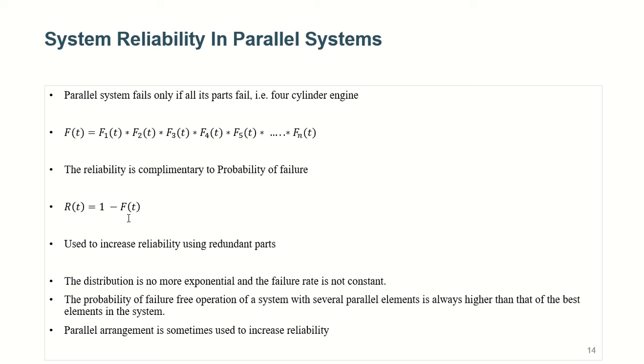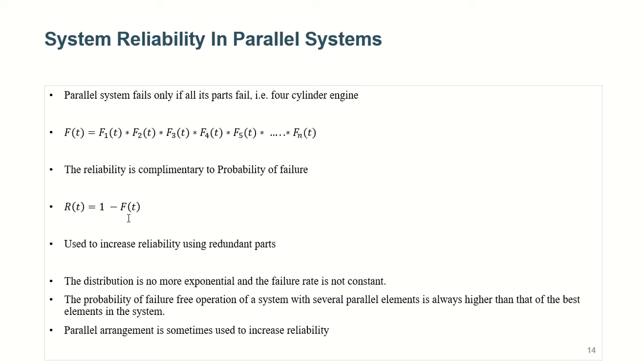We can also take an example. Let's say we are considering a system which has two components arranged in parallel, and both of these components have a reliability of 0.9. If the reliability of each component is 0.9, the failure rate will be 1 minus 0.9, which is 0.1.